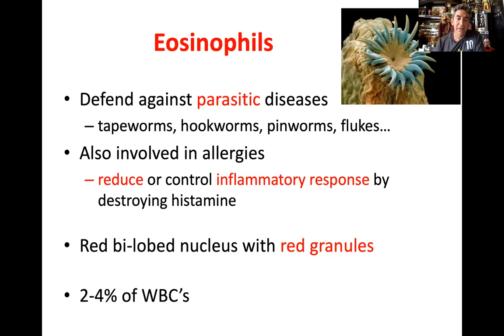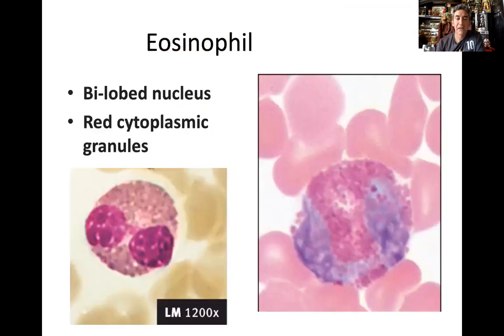They're polymorphonuclear, but they have a two-lobed, bilobed nucleus with red granules, and they make up 2 to 4% of the white blood cells. So red, right? They're going to absorb the red stain.